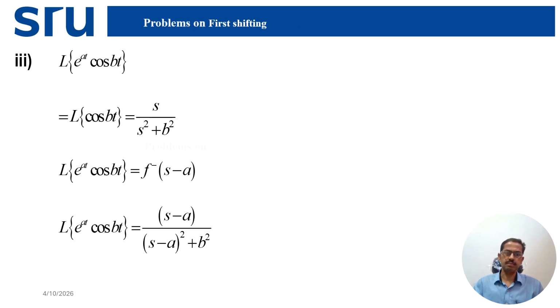And next is e power at into cos bt. What is the Laplace transform of cos bt? It is s by s square plus b square.